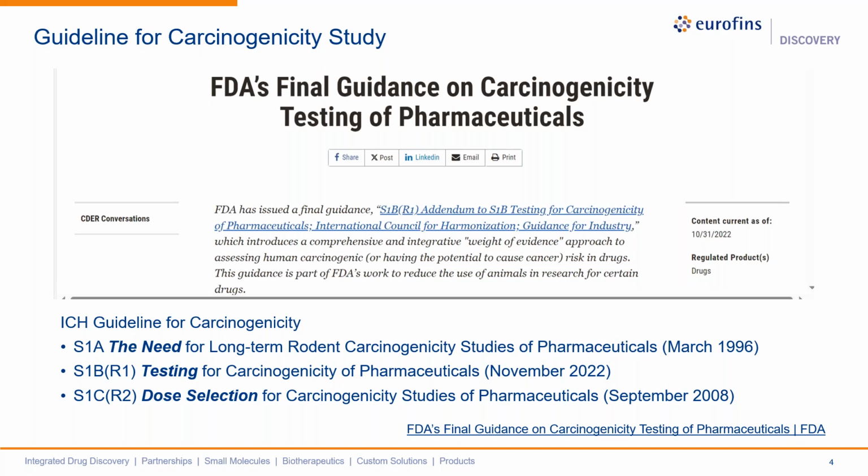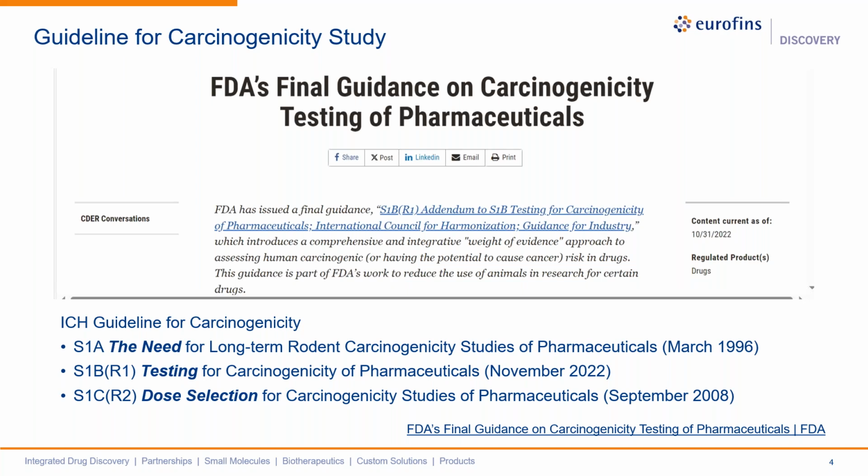It addresses a testing approach for evaluating the carcinogenicity potential of pharmaceuticals by applying integrative weight of evidence criteria to determine whether a 2-year rat study adds value to human risk assessment, thereby reducing animal testing while redirecting results toward mechanism-based evaluation.